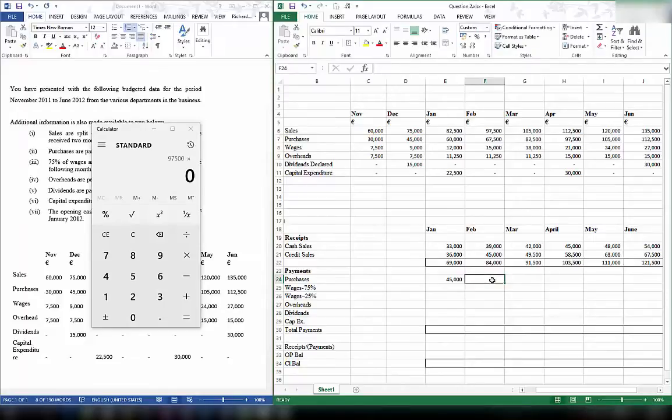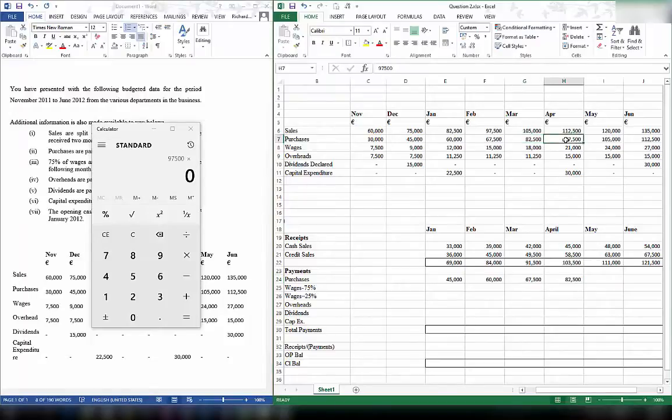In February, our purchases are going to be 60,000. Again, our purchases from January are paid in February. In March, our purchases are what actually occurred in February, so 67,500. And so on. April, 82,500.